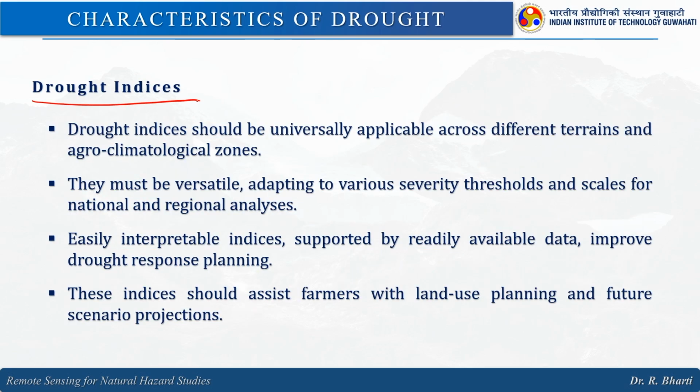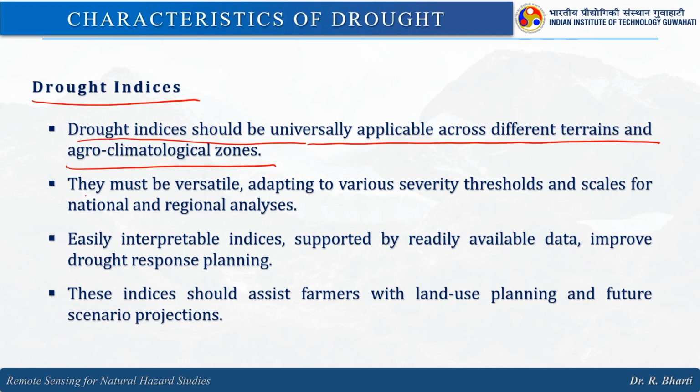So, we have some drought indices. Drought indices should be universally applicable across different terrain and agroclimatological zones. So, when we are trying to develop a drought index, it should be applicable not only for a given area, it should work for any given area. They must be versatile, adapting to various severity thresholds and scales for national and regional analysis.